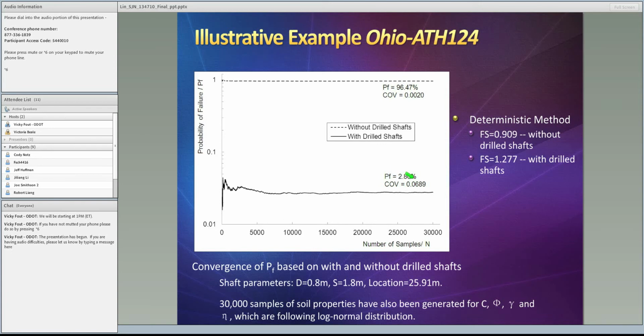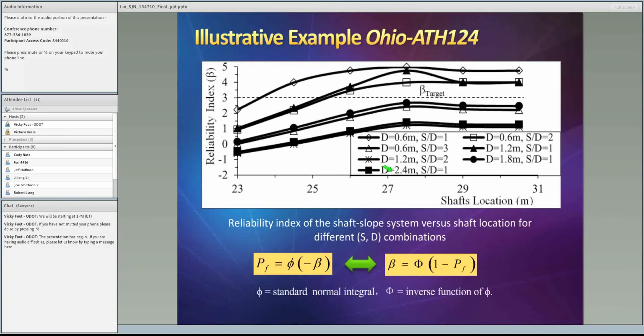And this is the final design result for all of them, with diameter from 0.6 meters to 2.4 meters, which is approximately 2 feet to 8 feet. Spacing over diameter equals 1, 2, and 3 for this. And also the shaft location is chosen from all of the locations certified in the ATH-124 slope.